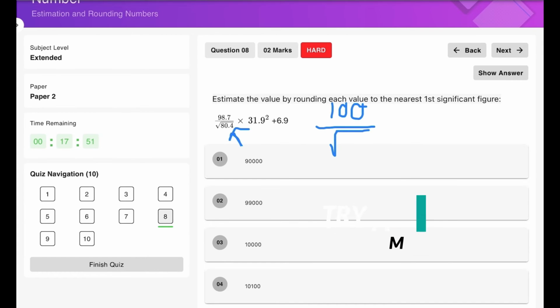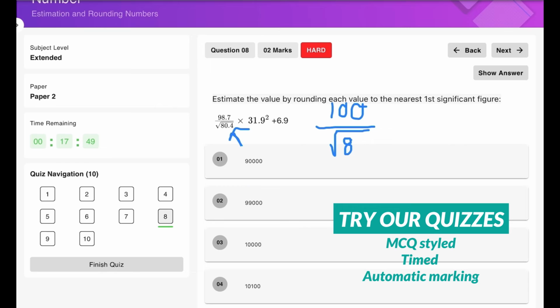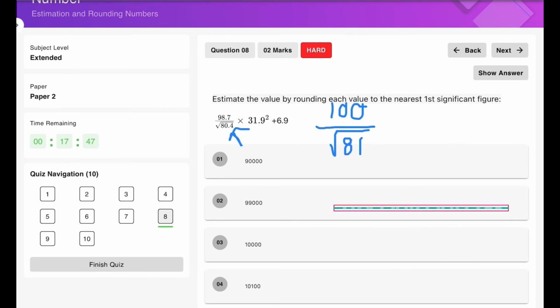Since the denominator is a square root number, it's easier if we take the square root of 81 because that is close to 9. And here we can take it as 30 instead of 31.9. And basically we can make this as 10.